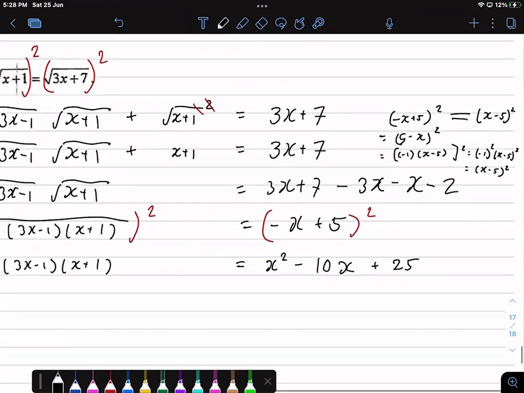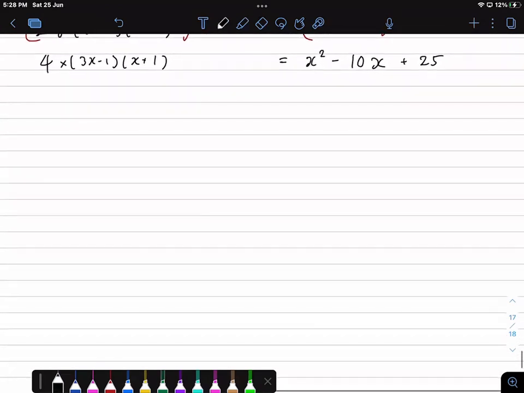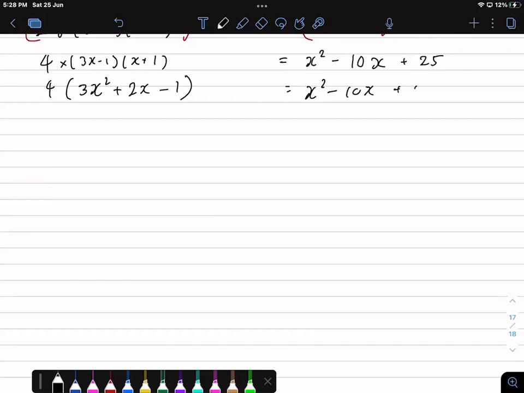All right, continue. What do we do next? You just expand this. Okay, I'll expand it for you. 3x squared, minus 1 times x plus 1 times 3, so minus 1 plus 3 is plus 2x. Minus 1 times 1 is minus 1. Equals x squared minus 10x plus 25.